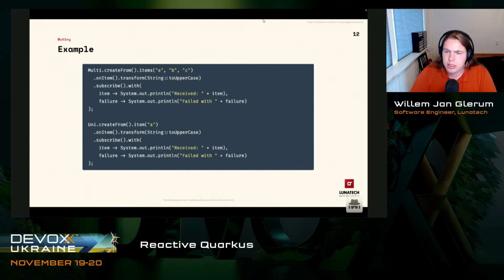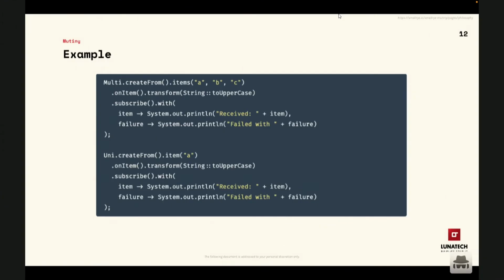But for this example, we keep it simple. We just have 3 simple elements in the list. As soon as we have an item, we say onItem, and then we transform it. And when we get that item, we transform it to uppercase. People that are used to more functional style could also use .map in one go, and then you don't have to call onItem and .transform, but you can call map or flatMap and combine those two as well.